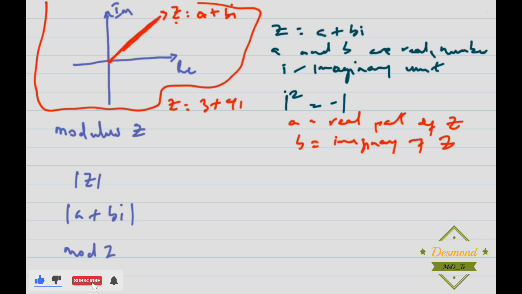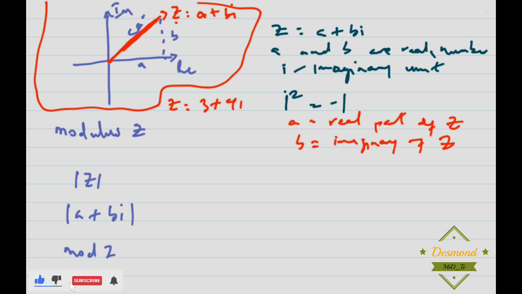So how do we find the modulus of this complex number? Let's say this right angle triangle. We know this value is the b, and this value is the a. How do we find this c part?